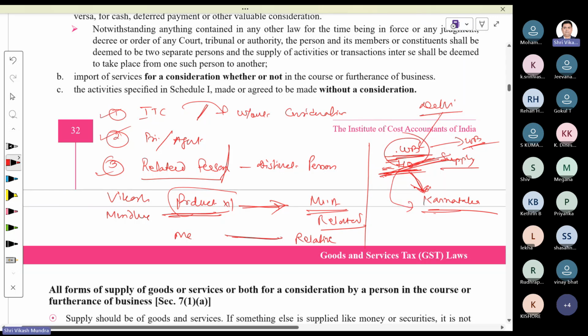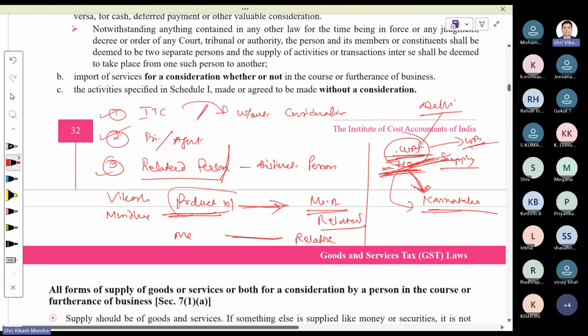If we did not consider this as a supply, how will tax be shifted from West Bengal to Karnataka? Since it is a destination-based tax, now the Karnataka government is entitled to collect the tax.